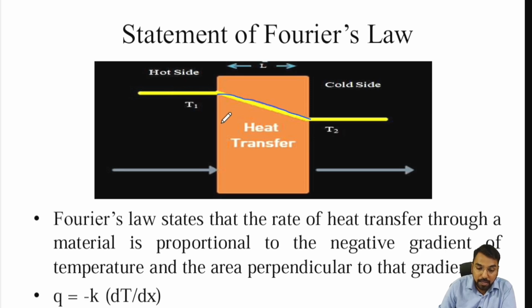Fourier law for heat conduction states that this transfer of heat is equal to the negative of the temperature gradient. What is meant by temperature gradient? The difference between the temperatures, let's say T2 minus T1, divided by the distance, which is L, the thickness of this block. The area, if we consider this block in three dimensions, is taken into account for calculating the total heat transfer.